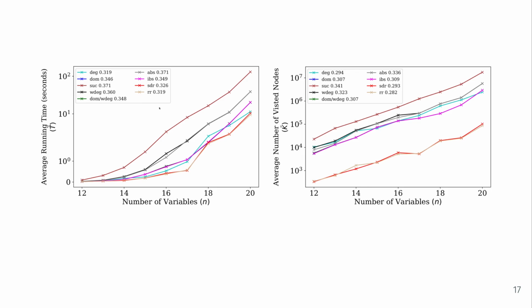So it might be, as we speculate, the case that as n goes really large, the advantage of SDR and RR would be much larger than the other algorithms. Because the y-axis is again in logarithm scale, a tiny difference in the slope can lead to dramatic effects. And similarly, for the number of visited search nodes, we have a very similar trend. We have a large gap between SDR, RR, and the rest of the algorithms.